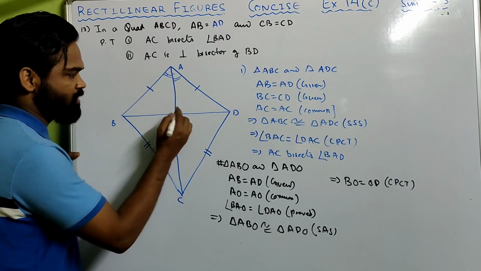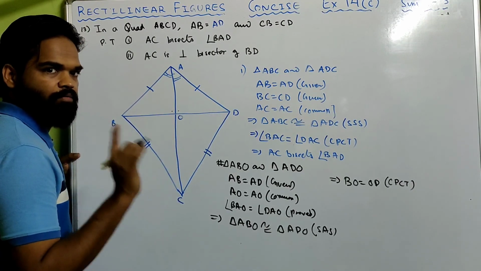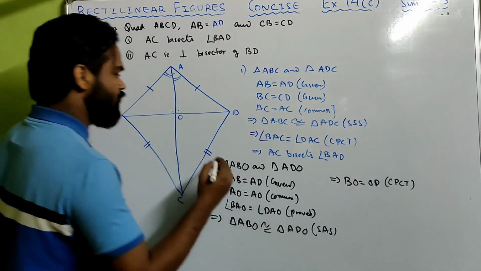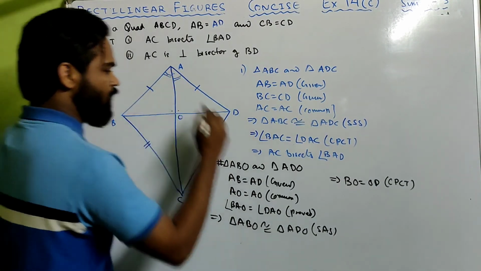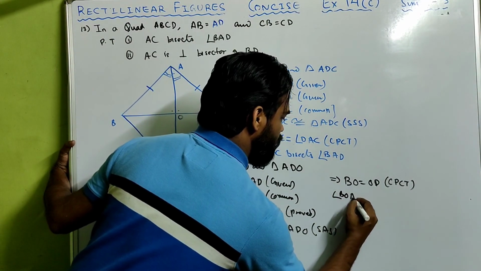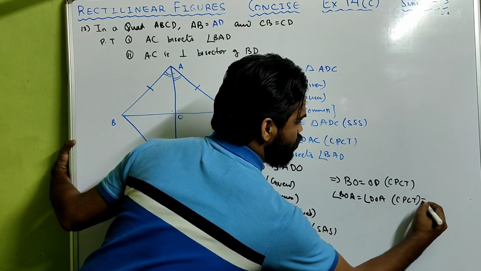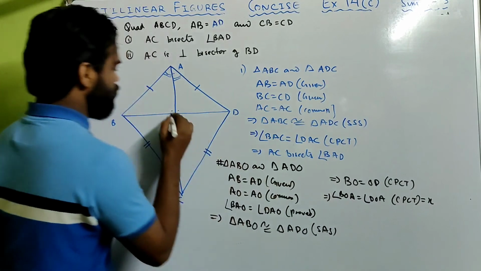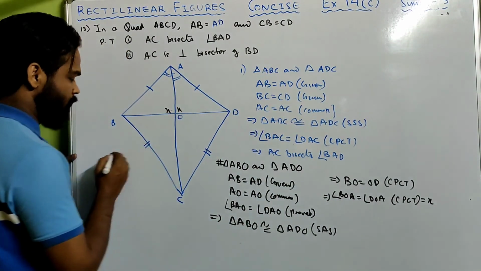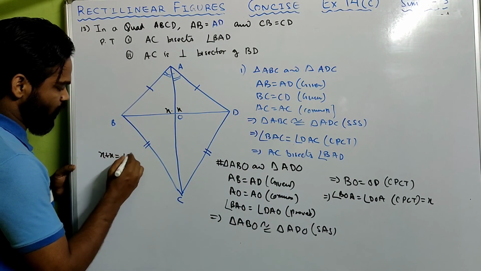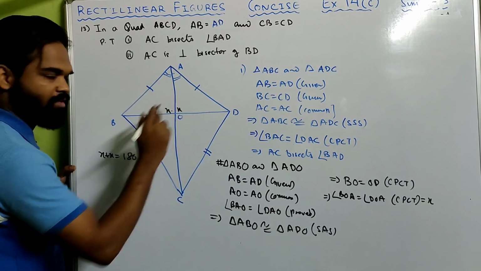Now perpendicular, which means we need to prove this angle is 90 degrees. Very easy. These two angles are equal. Look, angle BOA equals angle DOA, that's CPCT. Suppose X, isn't it? Now X plus X is 180 because that's a straight line, a linear pair.